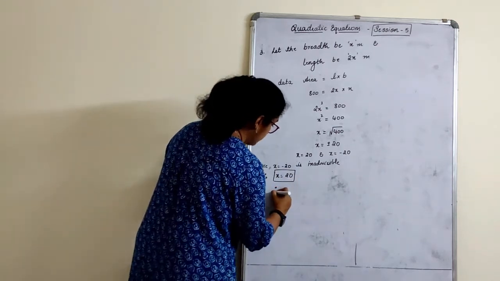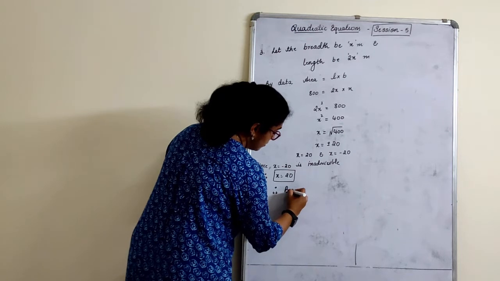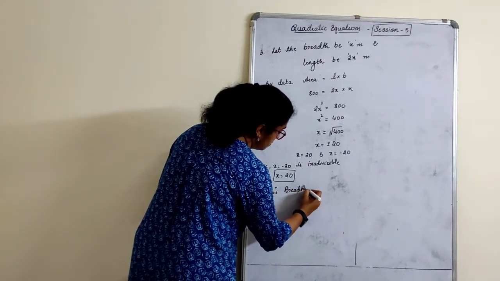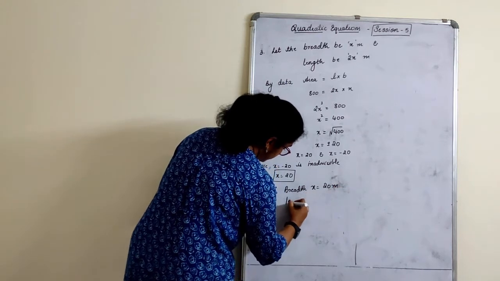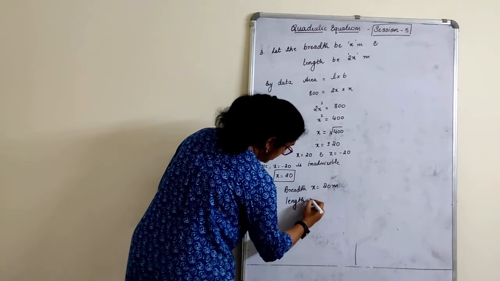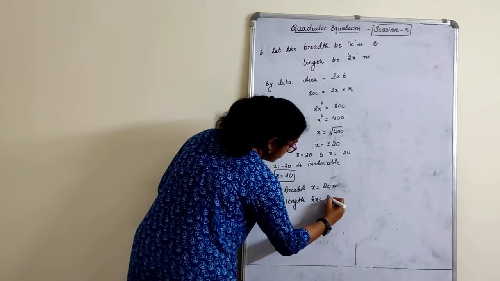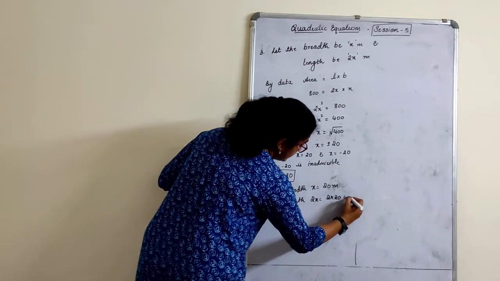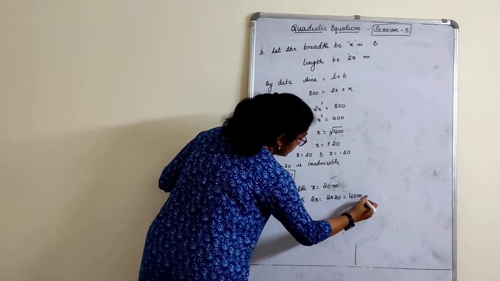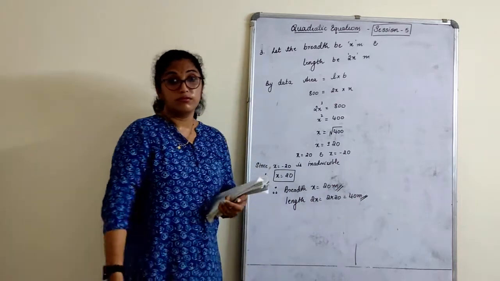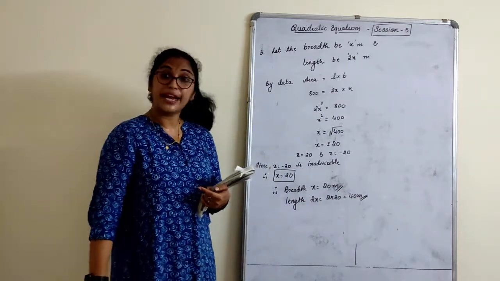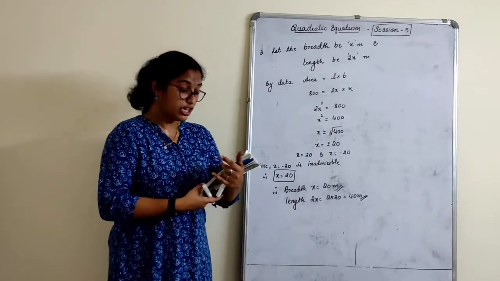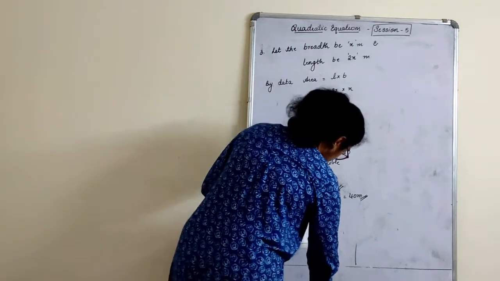Conclusion: therefore, breadth x is equal to 20 meter, length 2x, 2 into 20, that is equal to 40 meter. So with this, check: 40 into 20, 4 2s are 8, 800 meters square. That's the verification also. That is what we found out.